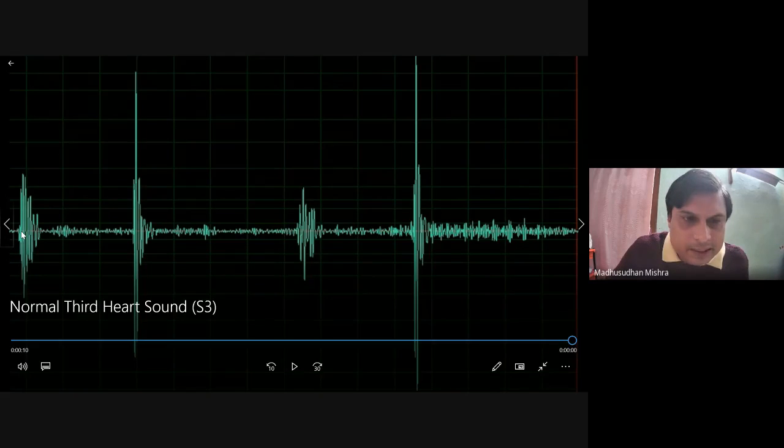The timing between S1 and S2 is less as compared to between S2 and S1. Just after the S2, we have one heart sound that is called S3. So this is the S3 heart sound. You can hear this S3 sound.